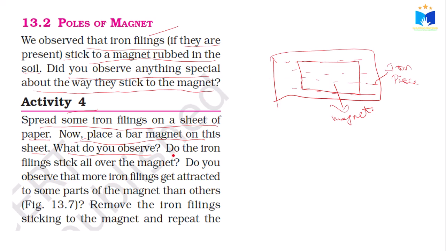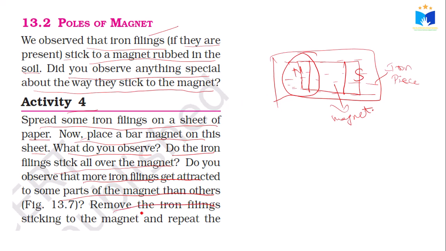Do the iron filings stick all over the magnet? Yes, they are going to stick all over the magnet. Do you observe that more iron filings get attracted to some parts of the magnet than others? The magnetic bar has two directions, north and south. They are going to attract from both sides, but in the north direction itself these iron pieces are attracted more.